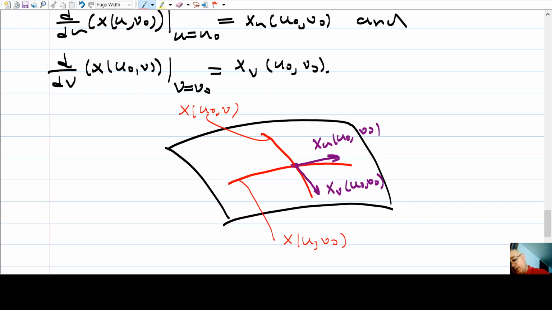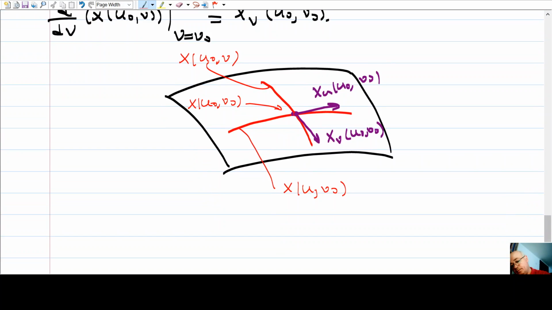What about this point? This point is, of course, the point x of u0 v0. And these are the velocity vectors of these curves. Here the parameter is v, and on this curve the parameter is u. v0 is constant, u is the parameter. All right.